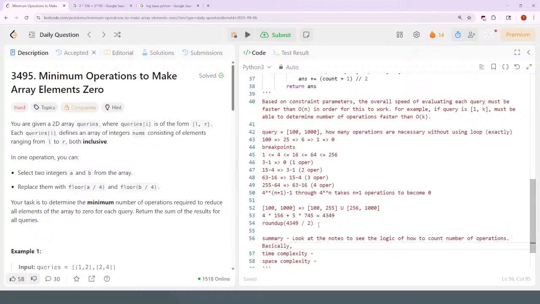Basically, for certain buckets of values, which will be differentiated, whose boundaries are powers of 4.